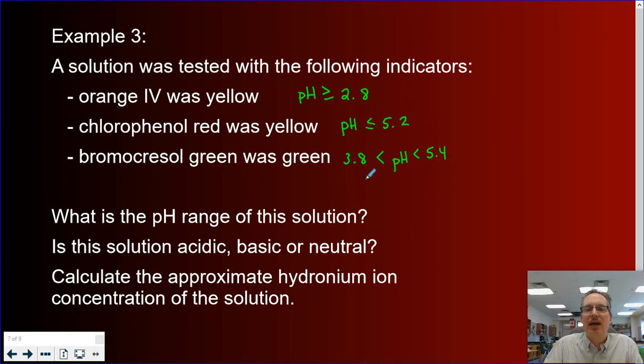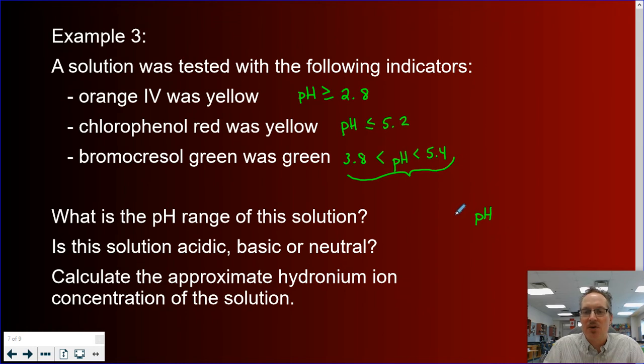Now, let's add all these clues together. Let's take one clue at a time. We're going to put it on here and see what it tells us. Using clue number 1, because orange 4 turned yellow, we know that the pH is greater than or equal to 2.8.